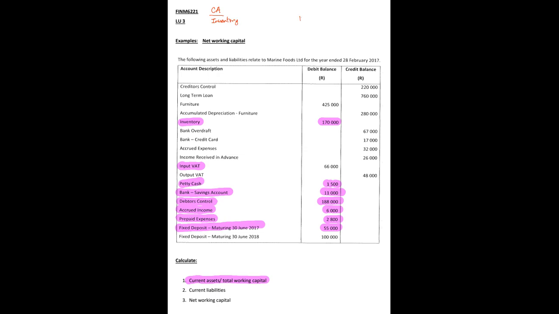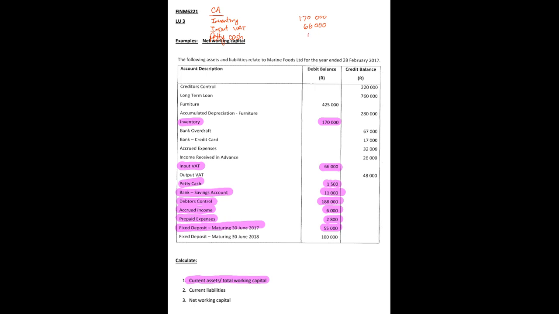And then you would list out input VAT as the next item, and then petty cash as your next item, and you'd continue in this manner. Oh, sorry, input VAT was 66,000. I actually forgot to highlight that. That's why I skipped it. So that was 66,000. And then petty cash was 1,500.